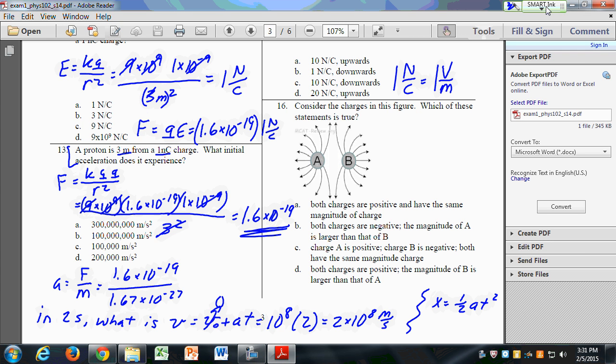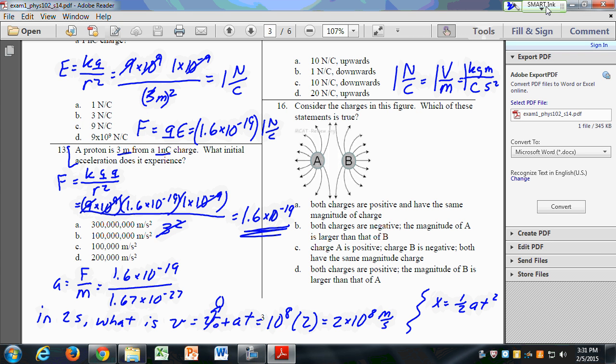And then also, the basic SI units for electric field: a Newton is a kilogram meter per second squared, divided by Coulomb. So those are all equivalent. 1 Newton per Coulomb is equivalent to 1 volt per meter, is equivalent to 1 kilogram meter per Coulomb second squared.